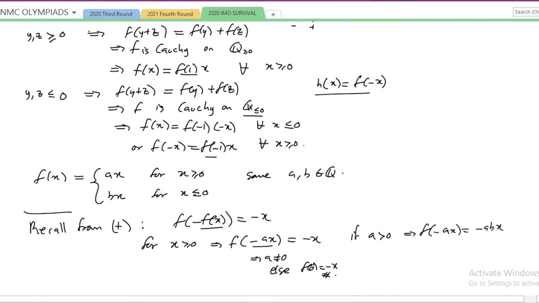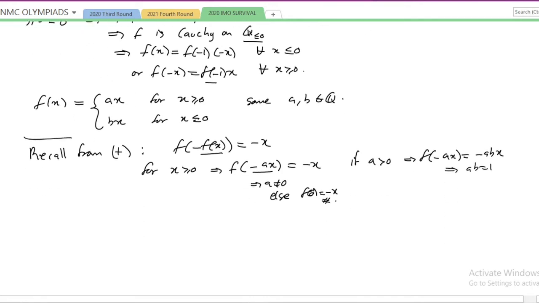And so for this to be true, we require ab to be equal to 1. And if a is less than 0, then minus ax will be positive, and this will be equal to a times this, so that's a squared x here. And so in this case, comparing coefficients, a squared must be equal to 1. And since a is less than 0, this particularly means a is equal to negative 1. So we have these two options.